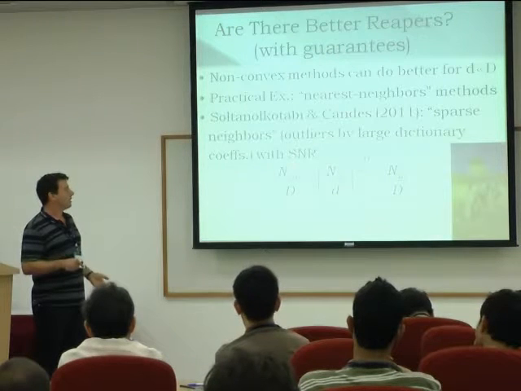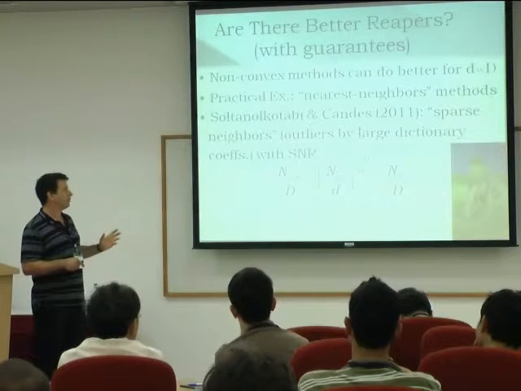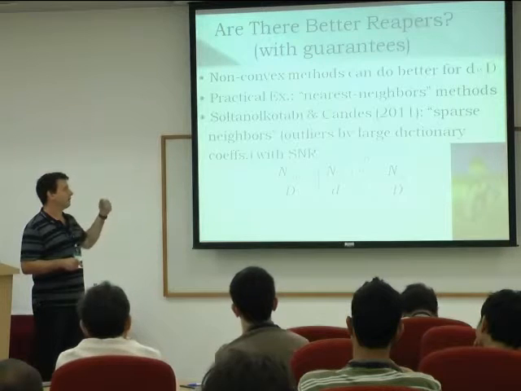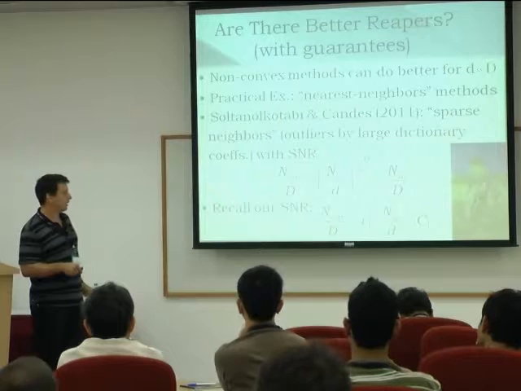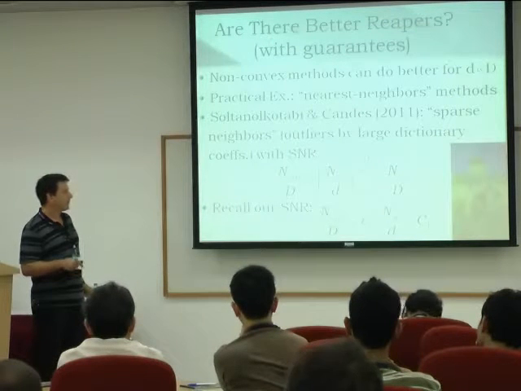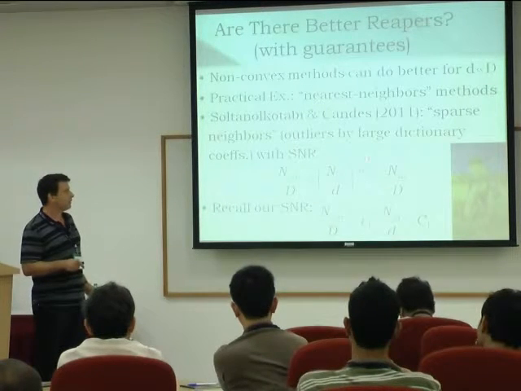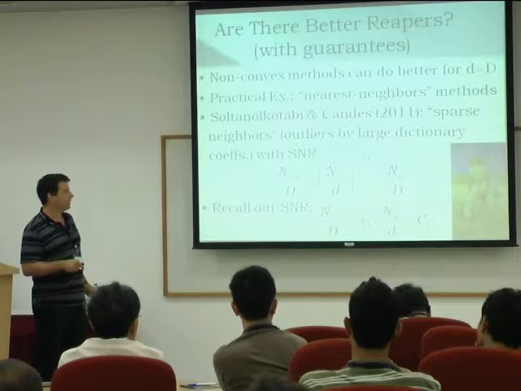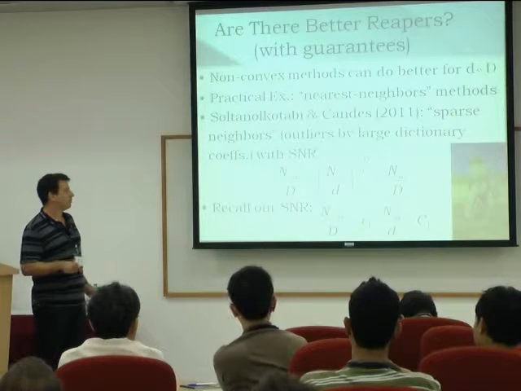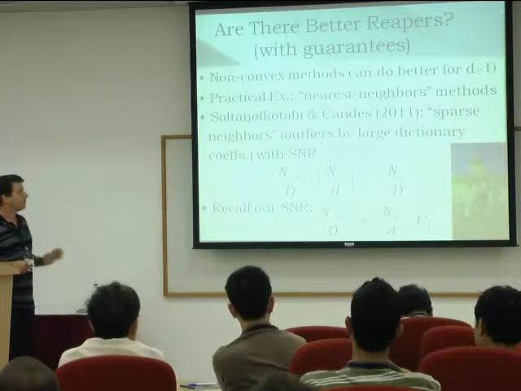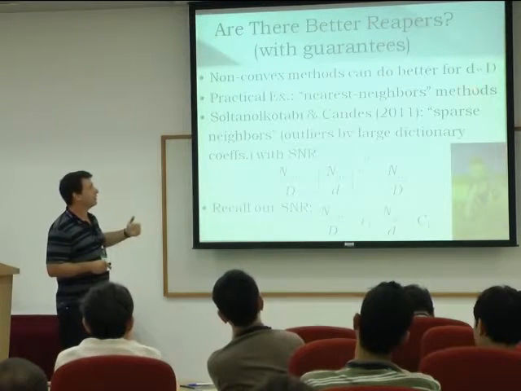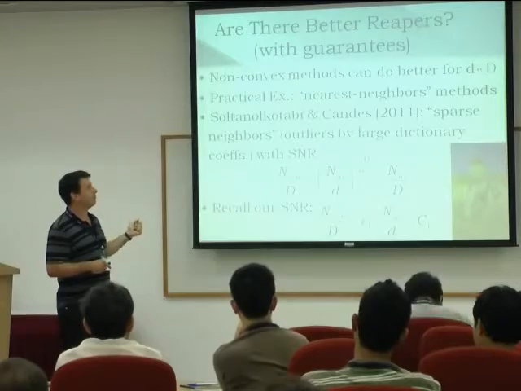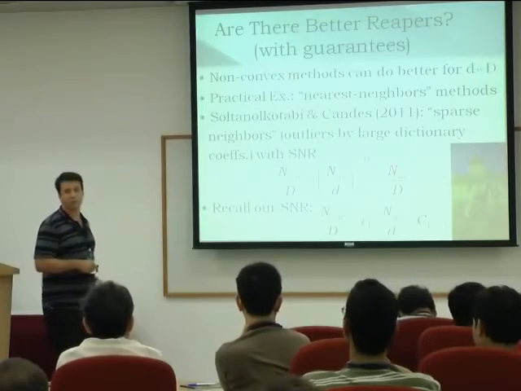Their signal-to-noise ratio, when I say SNR, I just look at the outliers as noise. This is the relation they have, and this is what I showed you before. You can see that when capital D is much bigger than little d, they do better, but when they're comparable, we can do better. I just want to emphasize that we're not doing the best thing on earth, and you can see in practice that when little d is much smaller than capital D, you can have many heuristics that work much better.